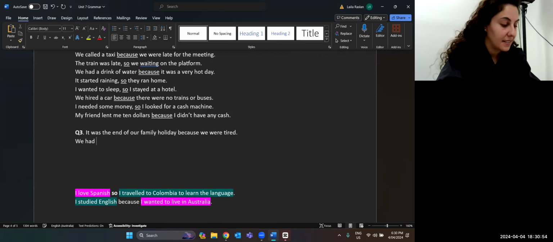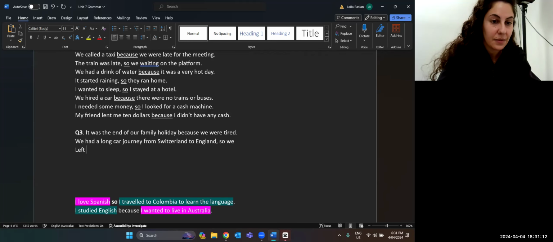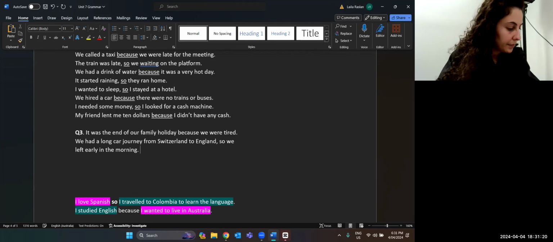We had a long car journey from Switzerland to England, comma. Which one would I use? So we left early in the morning.